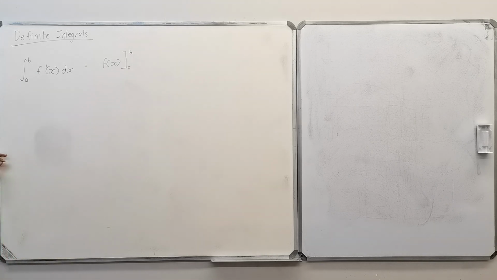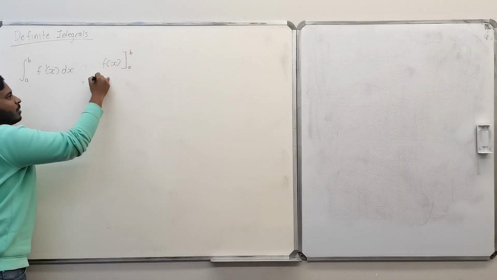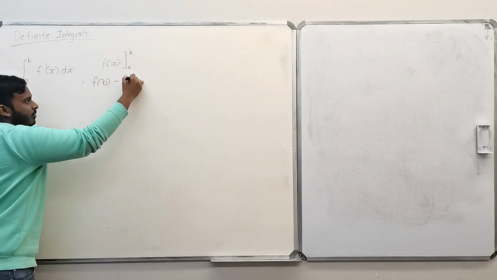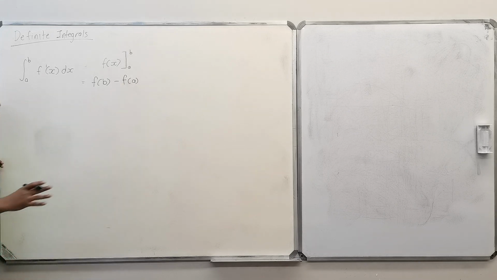And how do you use these limits? You'll say upper limit minus lower limit. And when you're substituting it, it's going to be f of b minus f of a. You're going to see it in the examples. But this is definite integrals, and we use this when we're working on areas under a graph.